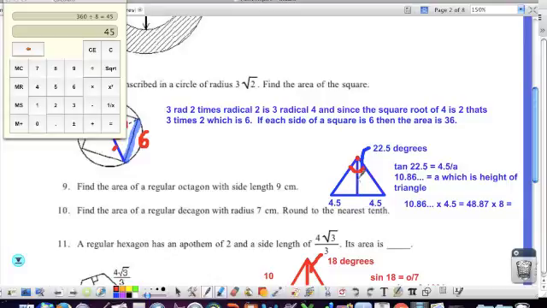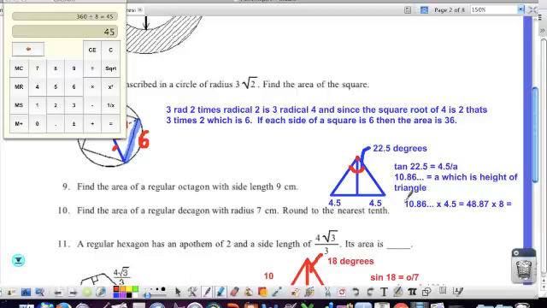And rather than multiplying by the base and then dividing by 2, I could multiply this in the calculator by 9 and then divide by 2. I'm just going to multiply it by 4.5, equals 48.8878246 and so on. I'm going to take that number in the calculator, multiply by 8, and that's how I get, rounded to the nearest tenth, 391.1.